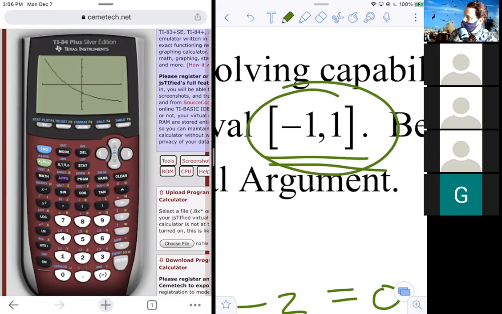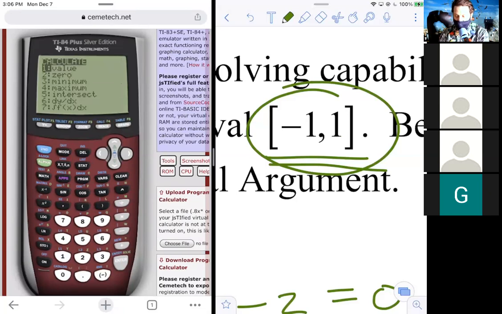Because the number line chart only gives us the sign of the derivative, where it's positive or negative. The graph tells us where it's positive or negative and gives us relative values, right? To the left of that x-intercept, the derivative is positive, yes? And to the right of that x-intercept, the derivative is negative. So that location must be the location of a local maximum. Yeah, it is. So let's find it.